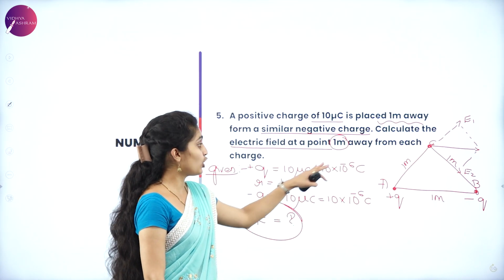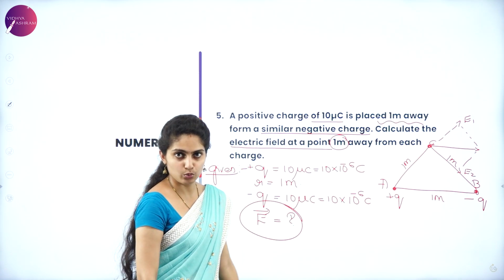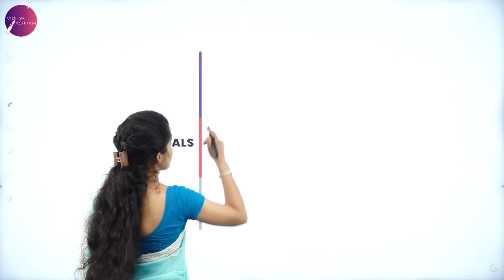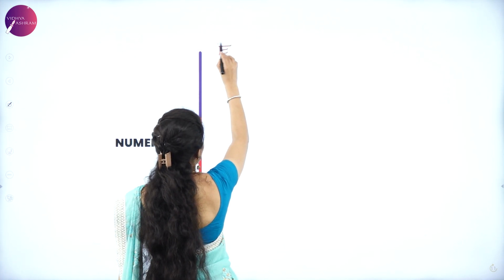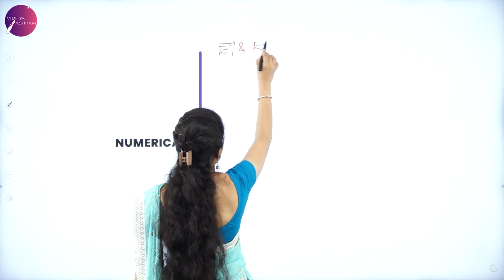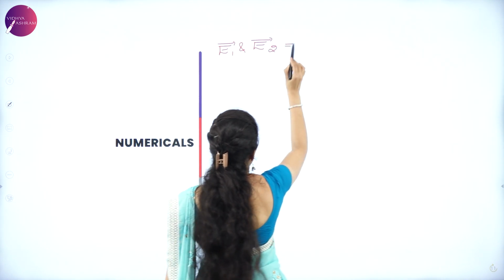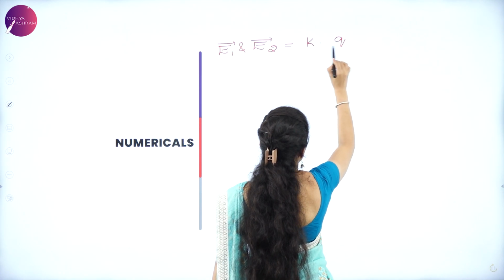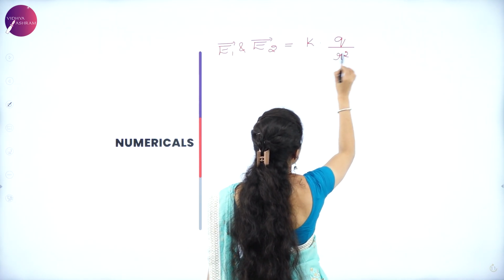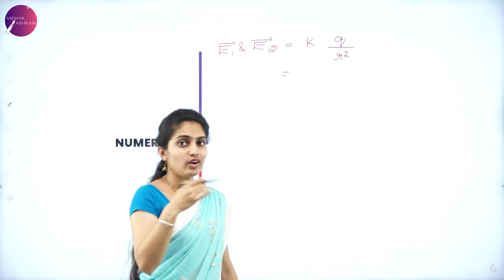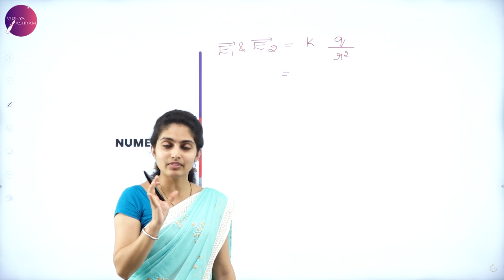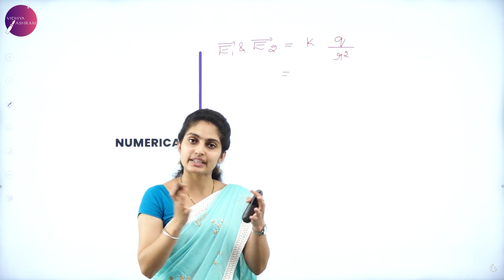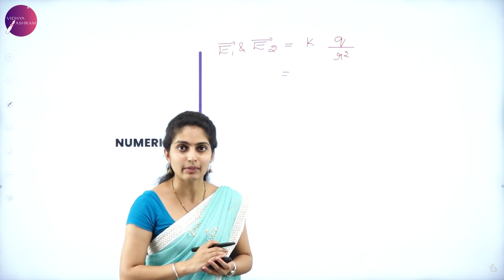So now we have two similar charges, Q1 and Q2, only the signs are different, because of which we can write E1 and E2 as K into Q divided by R square. It can be either Q1 or Q2, because the value is the same. Instead of wasting time writing E1 and E2 separately, both have one and the same equation.